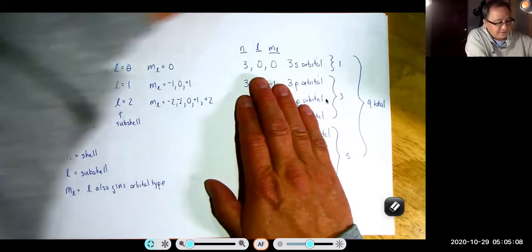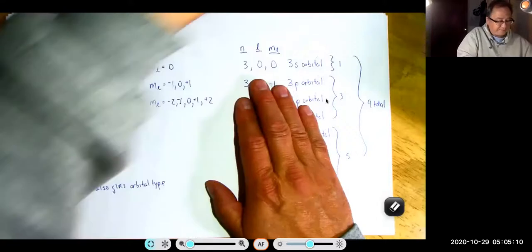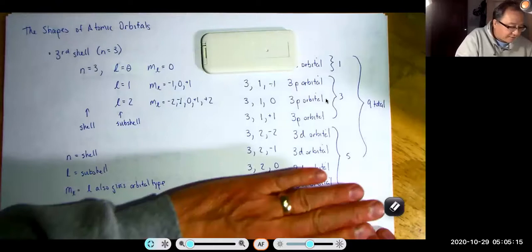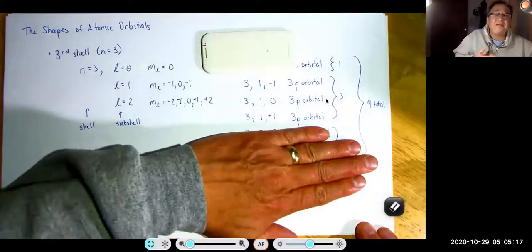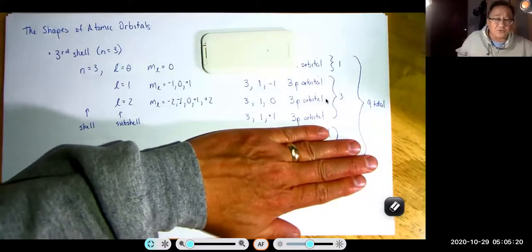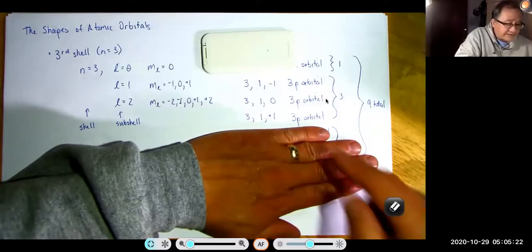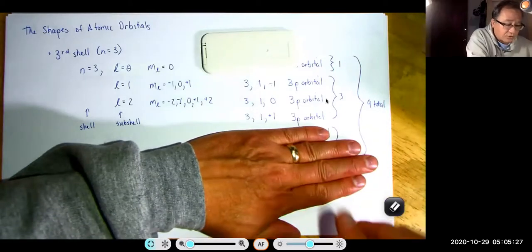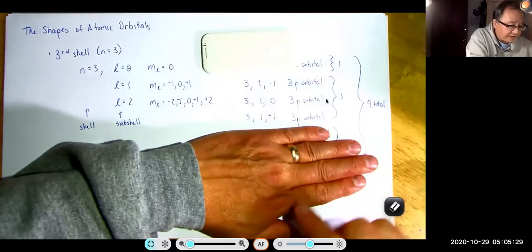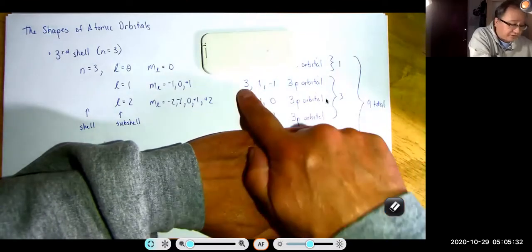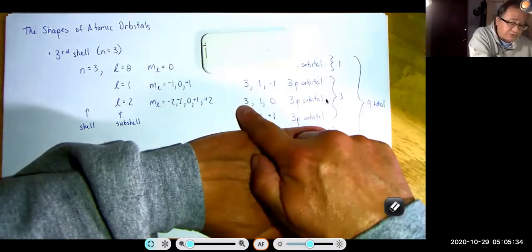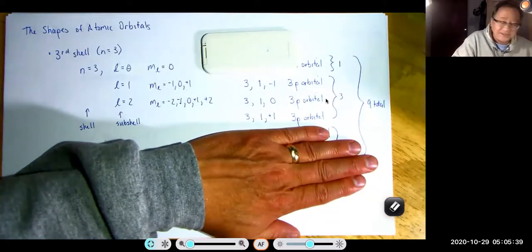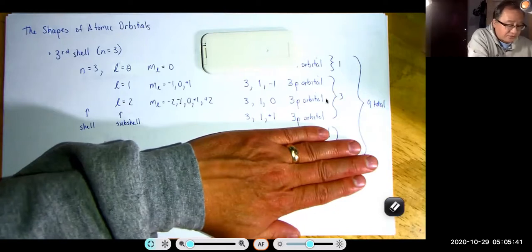Now, if I cover up the other ones, we have 3 possible combinations, or 3 orbitals, with L equal to 1. Because they're 1s, they're p subshells. This 3, 1 is a p subshell, this 3, 1 is a p subshell, this 3, 1 is a p subshell, the same p subshell. But that p subshell has 3 different orbitals.